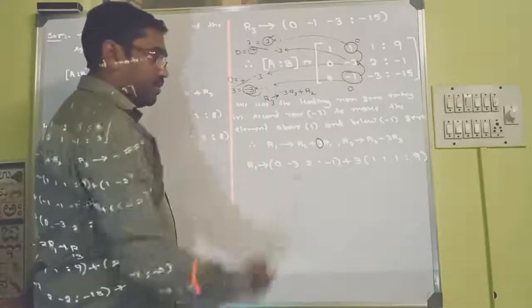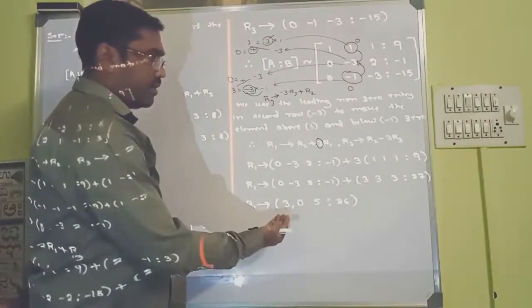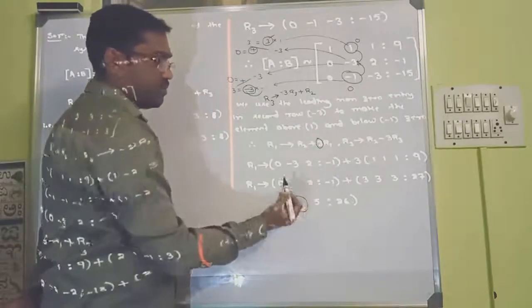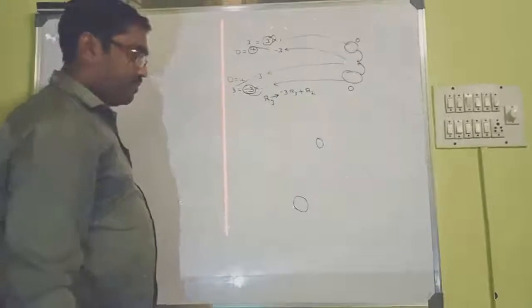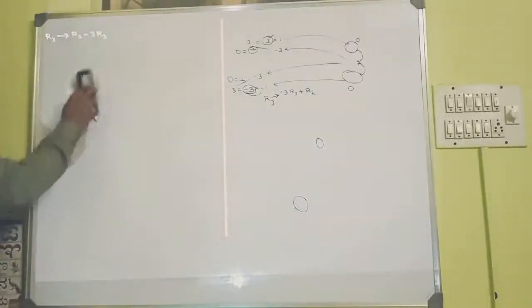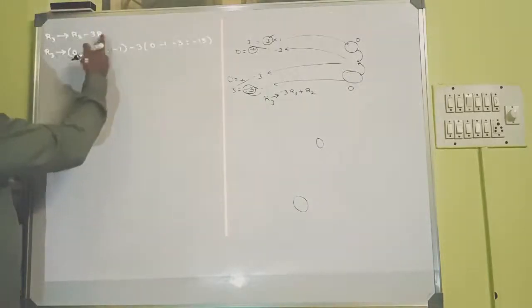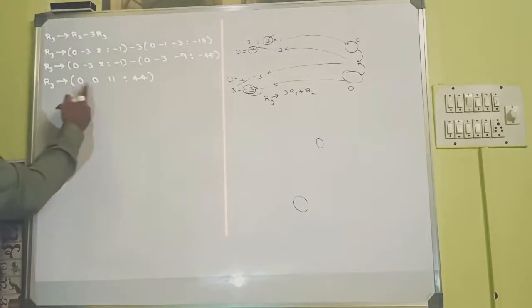Let us simplify R1. If you simplify R1, you will get 0 in this place. See, as we expected, we are getting 0. Now let us simplify R3. If you take R2 and R3 in these places and simplify, you will get 0, 0.